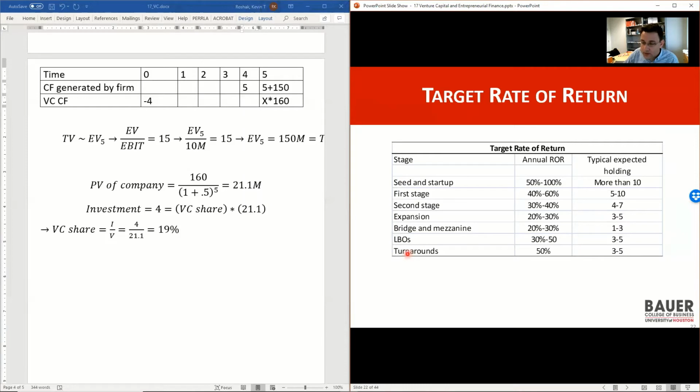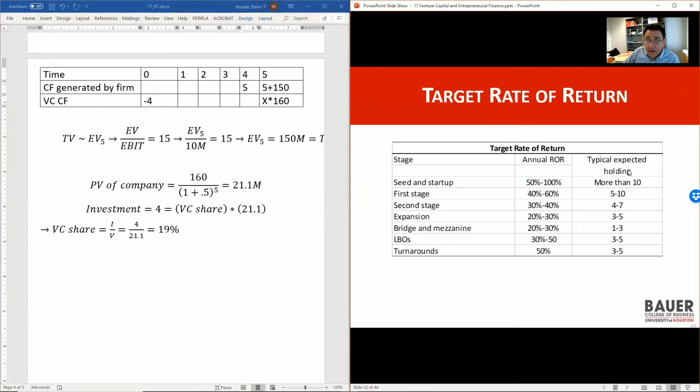And even down here, turnarounds, these are companies that are in distress and you need to restructure things. The second column gives the annualized rate of return for each of these investments. So for seed and startup, you see 50 to 100%. For first stage and second stage, we're seeing 30 to 60%. Again, these are crazy high. We would never expect to get these hurdle rates unless we're dealing with a company like an entrepreneurial firm.